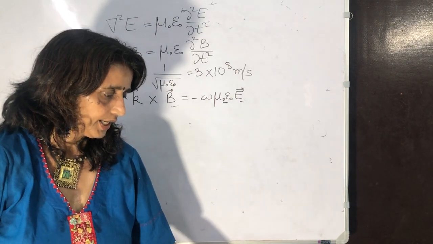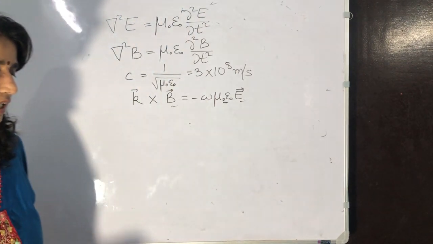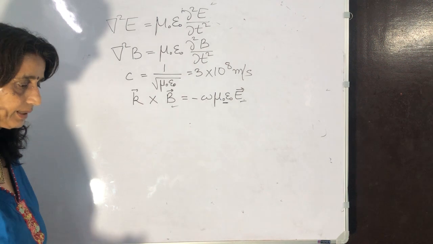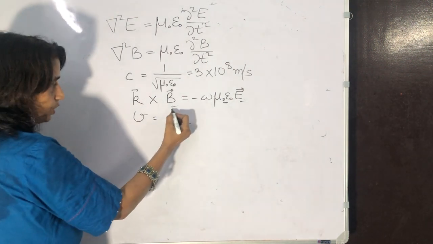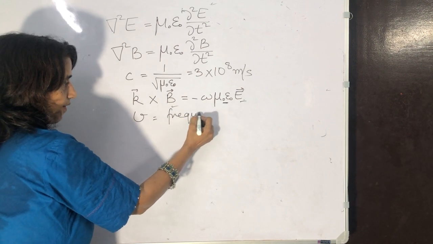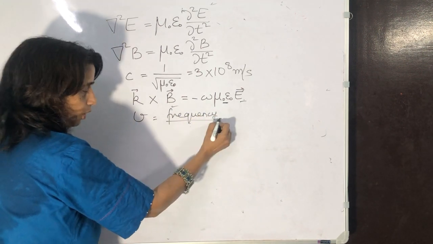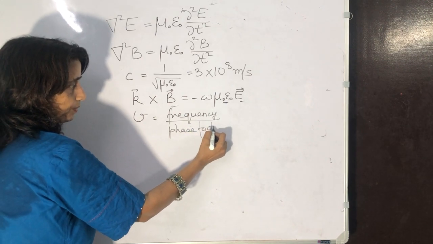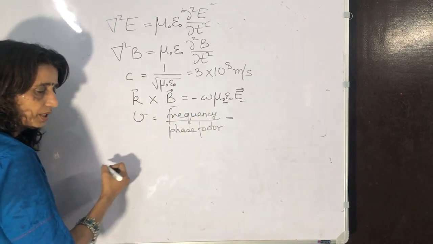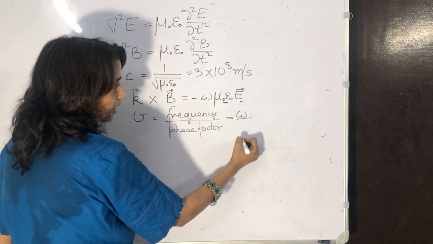That is all. Now the velocity of wave propagation or phase velocity is given by V equal to frequency upon phase factor. Please keep writing the formulas along with me. So this is omega upon beta.